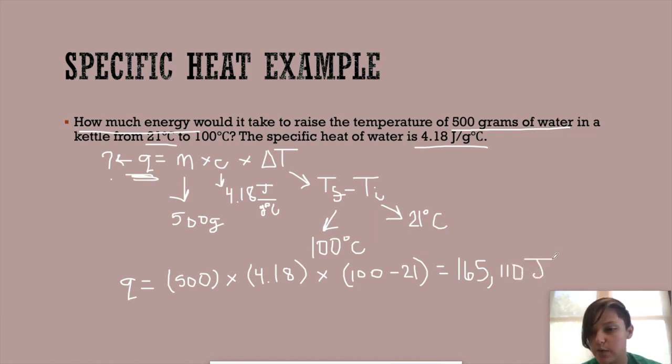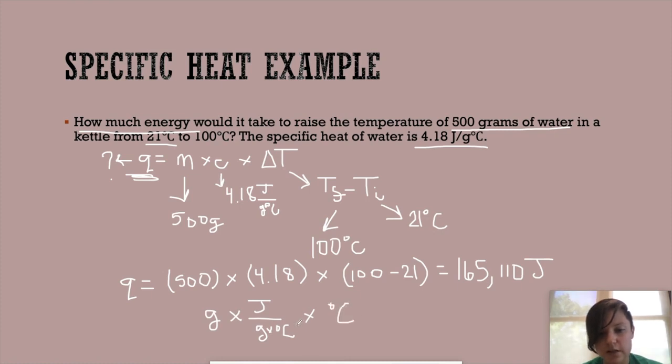Energy is always measured in joules, okay? And actually, if we look at our units here, let me work it out for you real quick. Grams times joules per grams times degrees Celsius. This is actually what it would look like.